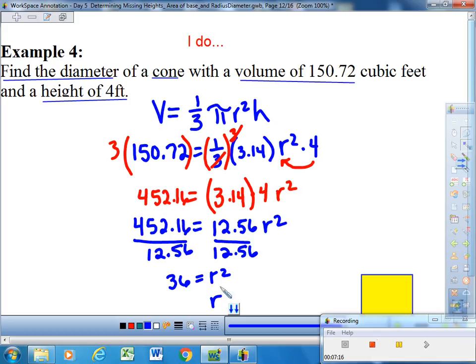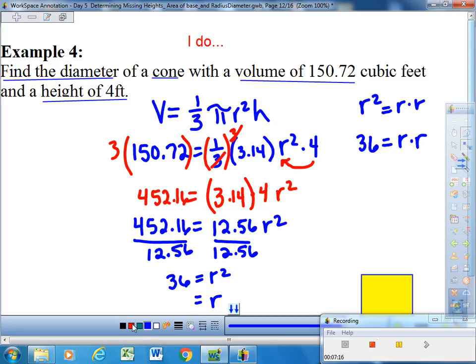I want to know r, not r squared. You can think of it as r squared equals r times r. So if 36 equals r times r, what number times itself equals 36?